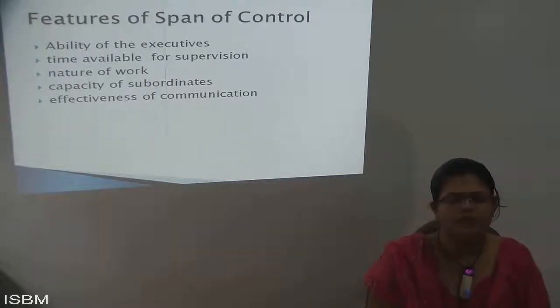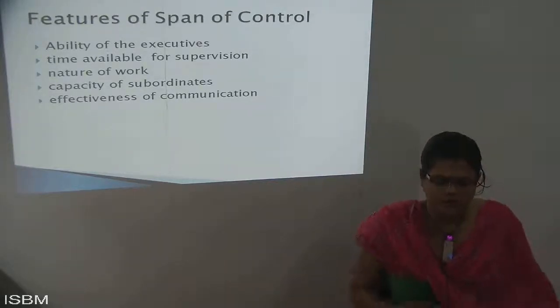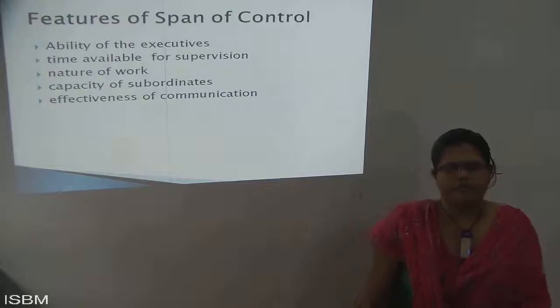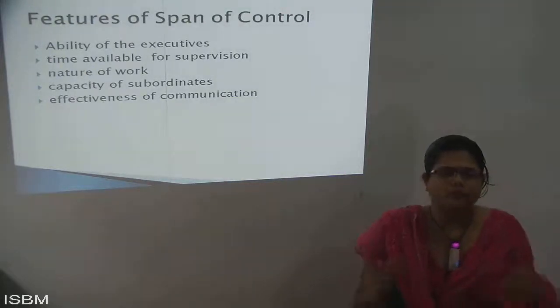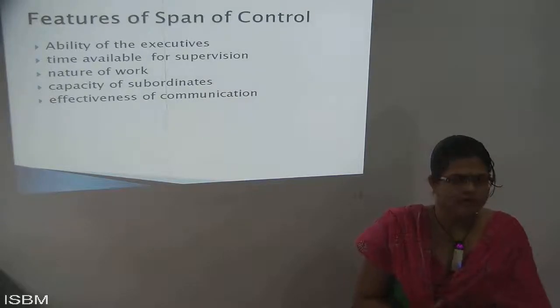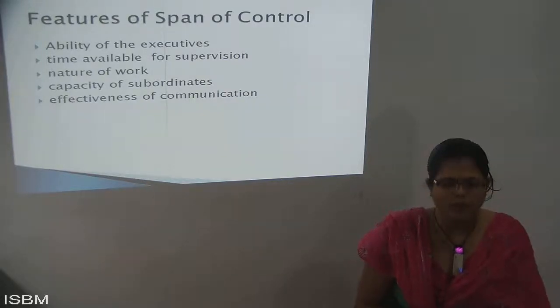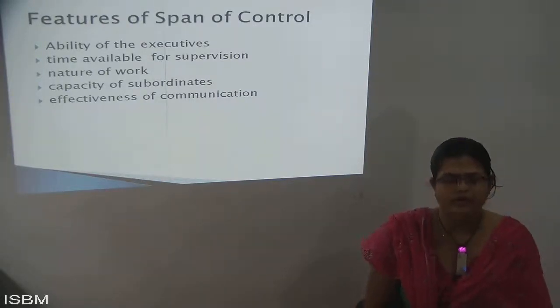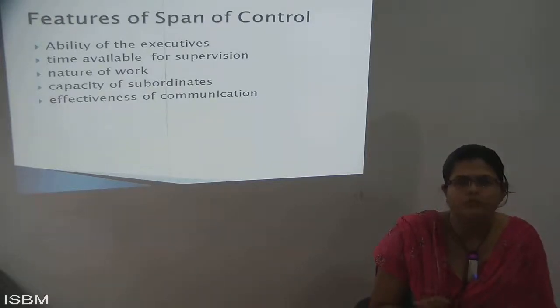This mostly happens in MNCs, whenever a project has been allocated. At that time it is discussed that when you are completing the work, there should be a span of control, meaning there should be guidance from the superiors and subordinates. Finally, they should know the capacity of subordinates, how many people can be handled and how much he needs to complete of that work.